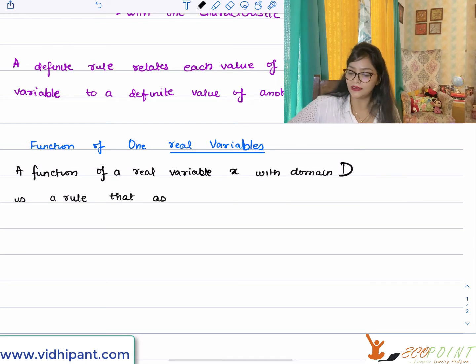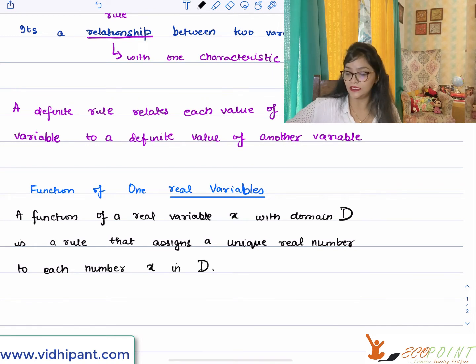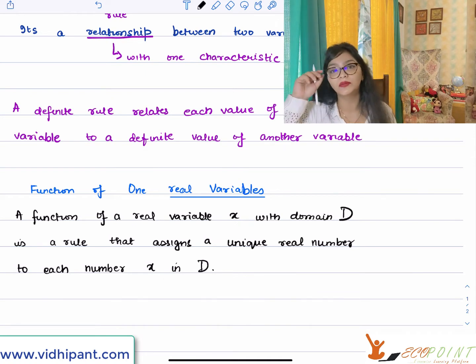that assigns a unique real number to each number x in D. So to each x in D, this rule is assigning a unique real number.